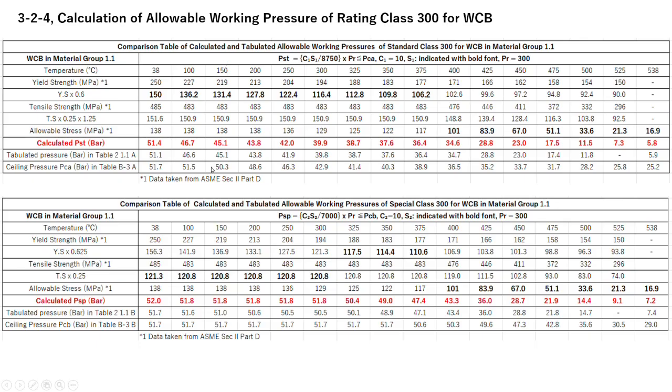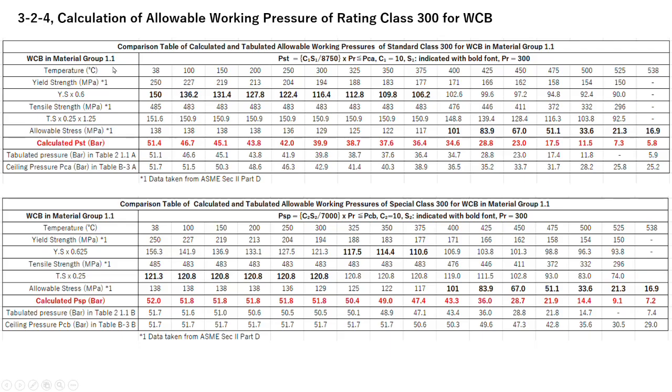So lower table indicated special class 300 for WCB casting. So the table indicated a comparison table of calculated and tabulated allowable working pressure of standard class 300 for WCB.